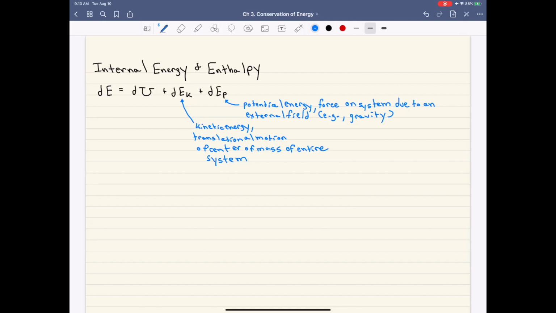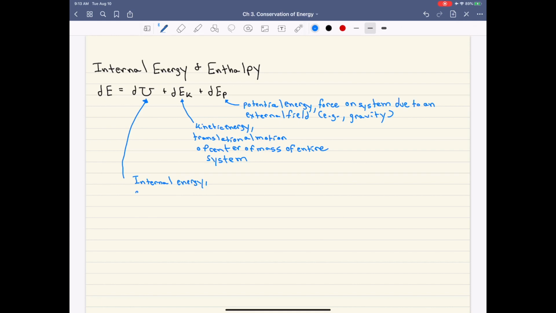All right, and so kinetic energy and potential energy, those are two concepts that you focused on in your Physics 1 class. In this thermodynamics class, we're going to spend more time, honestly, talking about this dU term. And this dU term, as you remember from MEB1, this is the internal energy. All right?